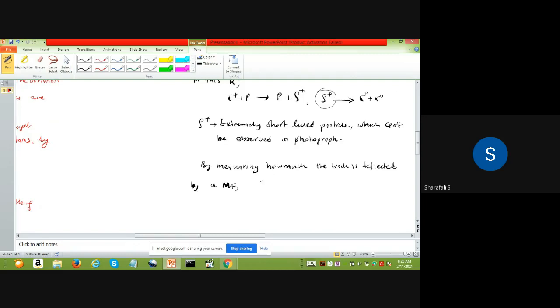So by using this, the energy and momentum of the decay, or we can say reaction products instead of particles. The energy and momentum of the reaction products can be calculated.